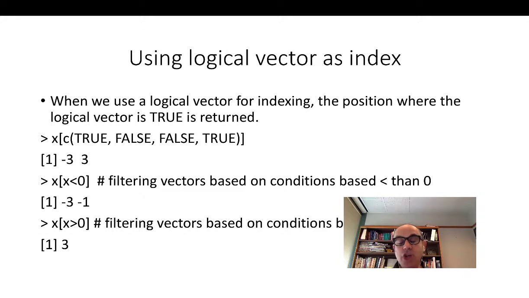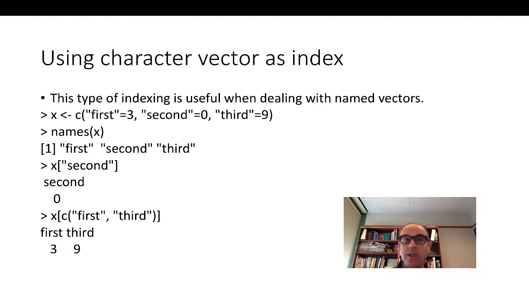And again, if I change it, I'll say bigger than 0. Again, this is what it is. So the idea of a vector as an index: the type of indexing is usually dealing with a named vector. For example, first equal 3, second equal 0, third equal 9, and if we say name, it will give us the indicator.